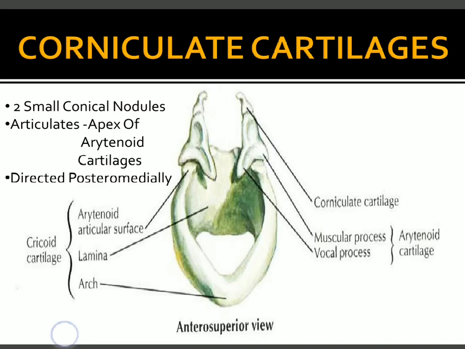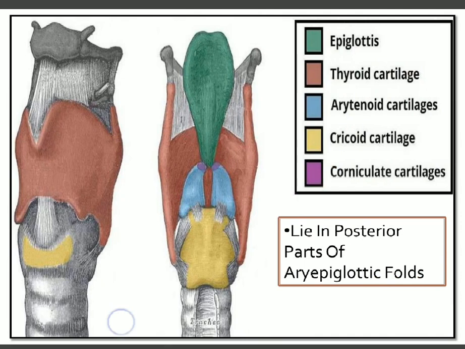If you look at the pointed portion of the conical corniculate cartilage, it is facing towards the midline. Their location is in the posterior part of the aryepiglottic folds. So this is the posterior side and they lie in this aryepiglottic fold, which is formed by the combination of the arytenoid and the epiglottic cartilage.